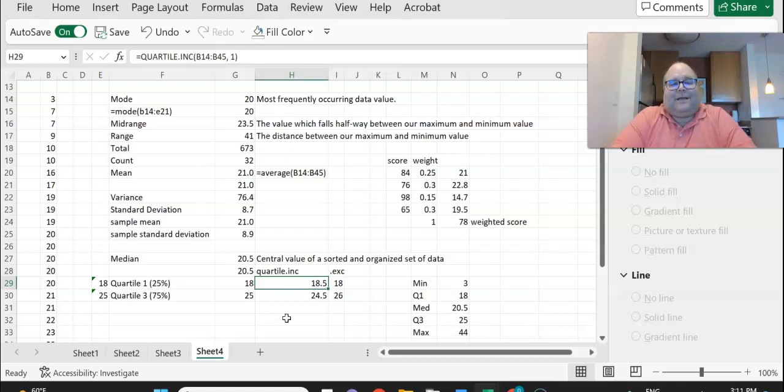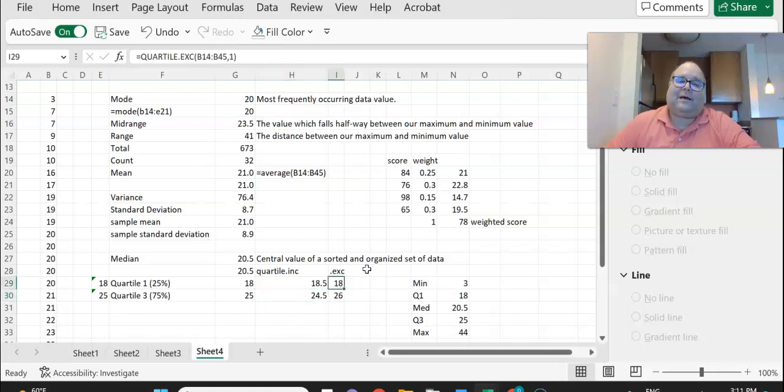In quartile 1, there's 75% of data above it, so it gets pulled up. In quartile 3, there's 75% of data below it, so it appears to get pulled down.